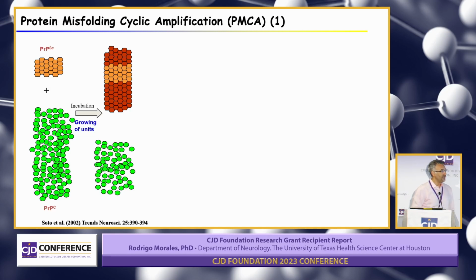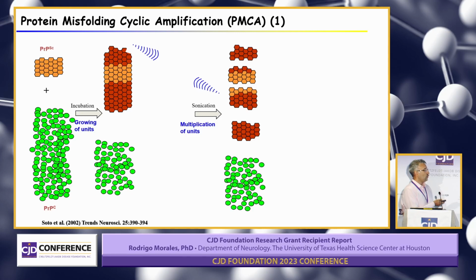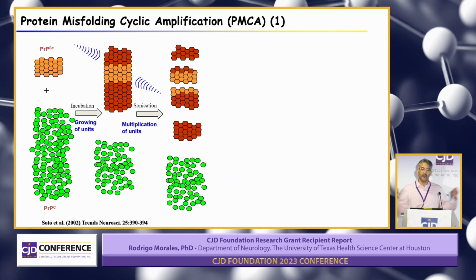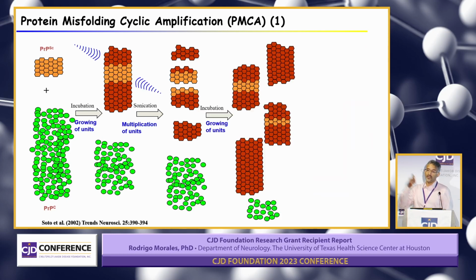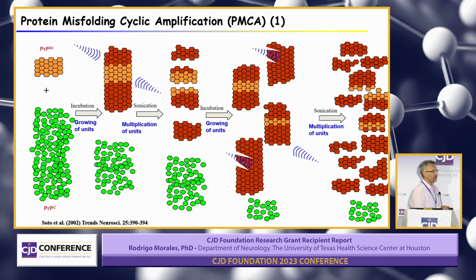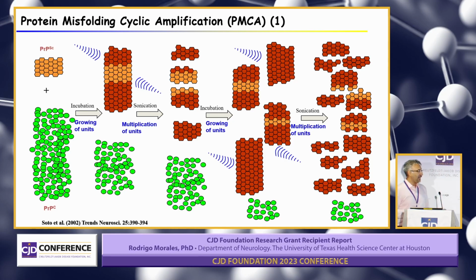So in order to increase the efficiency of the conversion, we apply some force to break these fibers and create new active ends that will recruit more normal protein into the abnormal fiber. If we repeat this process of incubation and sonication in a cyclic way, we will have a partial depletion of the normal prion protein into the misfolded aggregates.